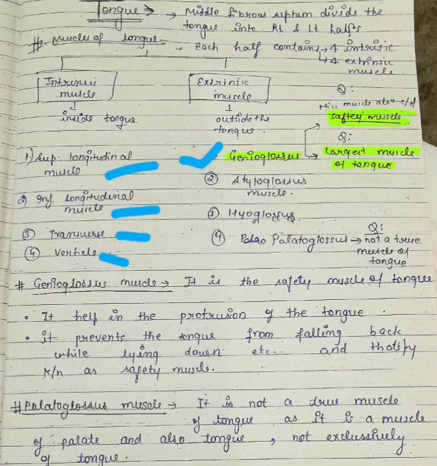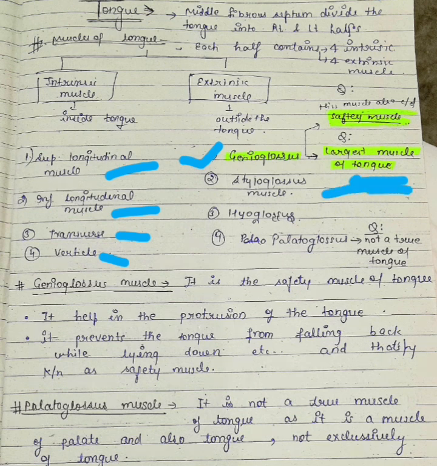The glottis will get covered by the epiglottis, and there will be difficulty in breathing. So to prevent that, there is the genioglossus muscle. It prevents the tongue from falling back. Also, genioglossus muscle is the largest muscle of the tongue.